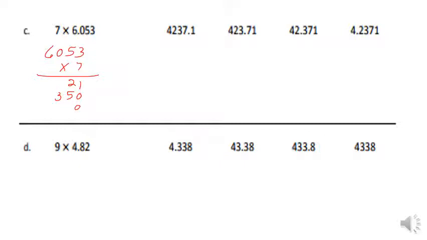We have 7 times 0, which is 0. 7 times 6 is 42, and 3 zeros. And we add them up. We have 1, 7, 3, 2, 4. So we know our answers are going to have these digits in them.